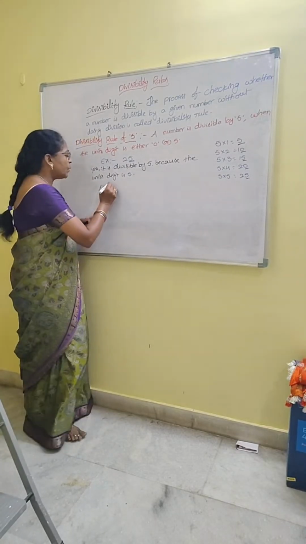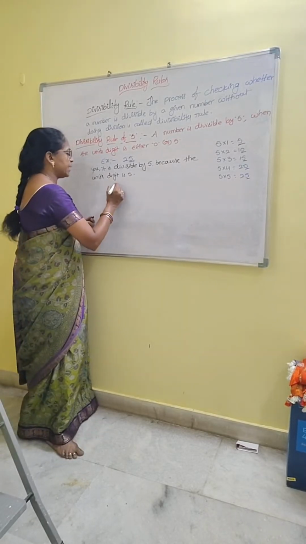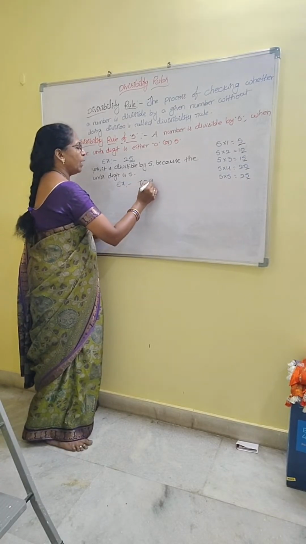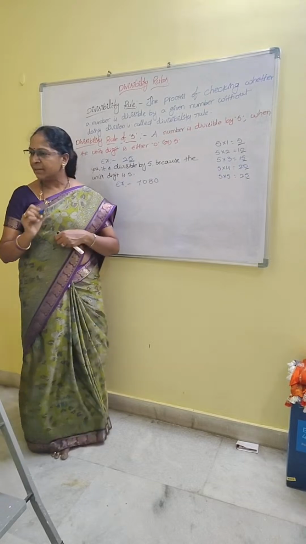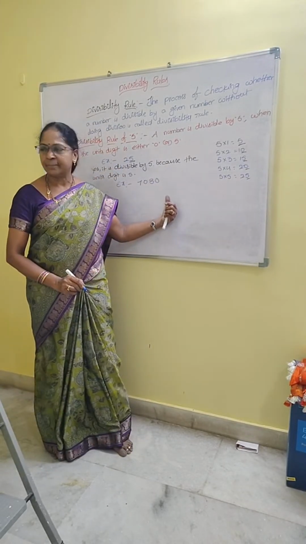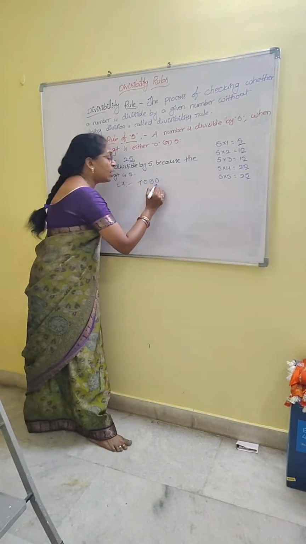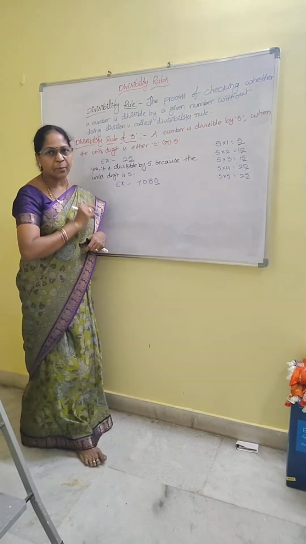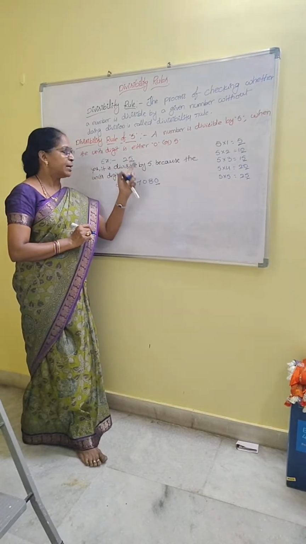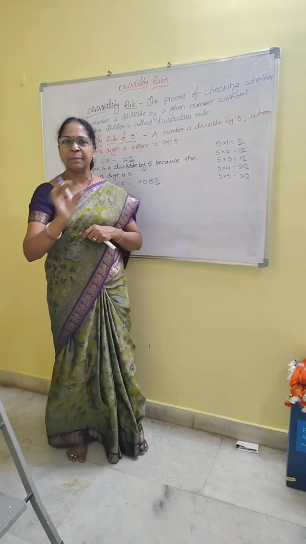One more example. Here, a big number is given. Then how can you say? 7080. Is it divisible by 5? Can you say that? Yes. How can you say? Here also the unit digit's place of the number is 0. So immediately you can say that either 5 or 0 is there. Just observe only the unit digit's place of the number.